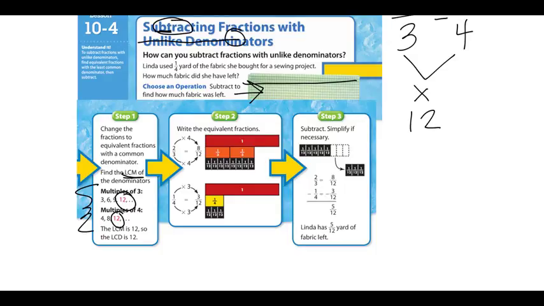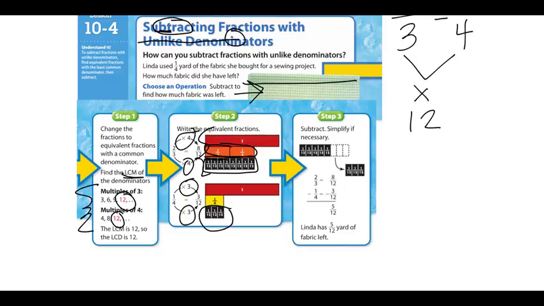Okay, so equivalent fractions, 2/3. If you multiply that by 4, you get 8/12, and here they show that visual. Here's 2/3, and then divided into 12ths. And then, of course, the red is the whole. Okay, 1/4, they multiplied by 3, numerator and denominator, and got 3/12. 1/4 is equivalent to 3/12.